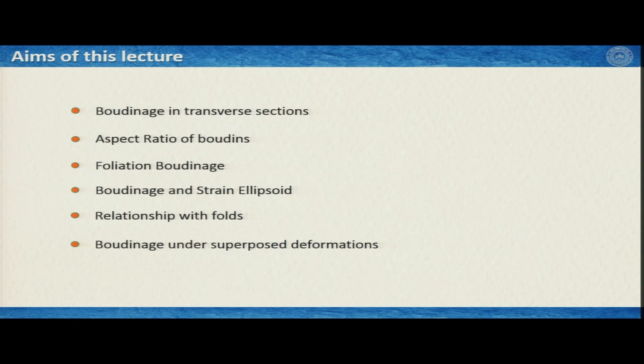Then we will see how strain ellipsoids, the bulk strain ellipsoids, are related with the Boudinage processes, so which direction, what kind of structures or Boudinage we can form. Then we will see the relationship of folds with respect to Boudinage, and finally we will conclude this lecture with Boudinage under superposed deformation. So, a lot of topics, but they are very small and we will cover them one after another.